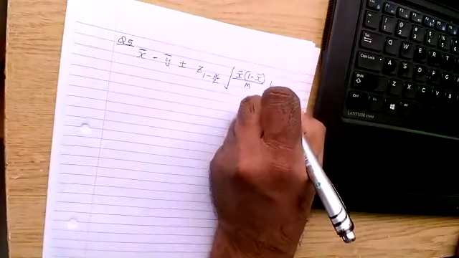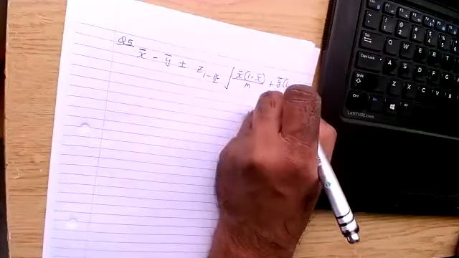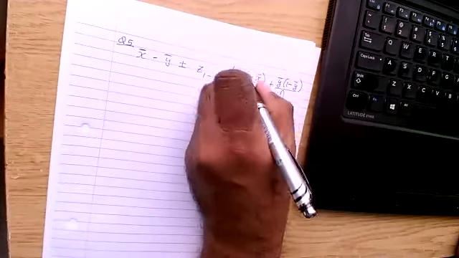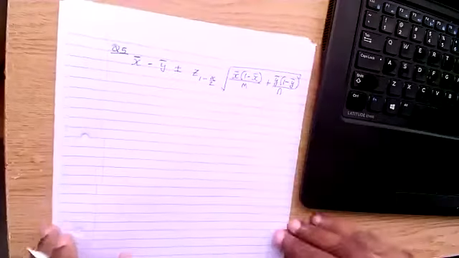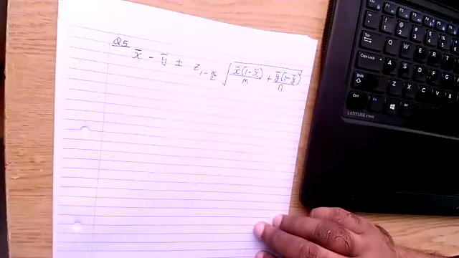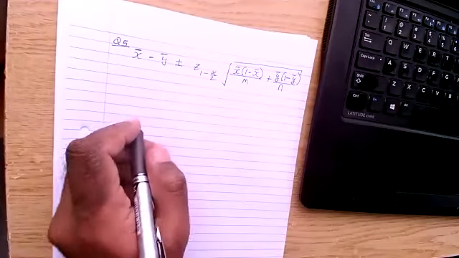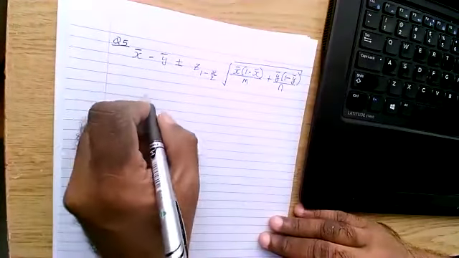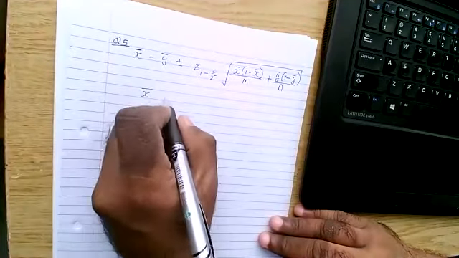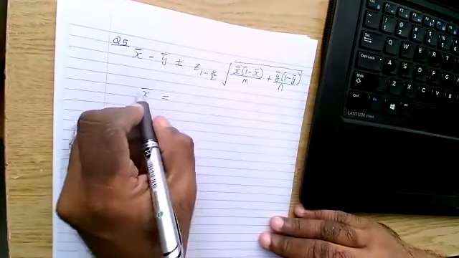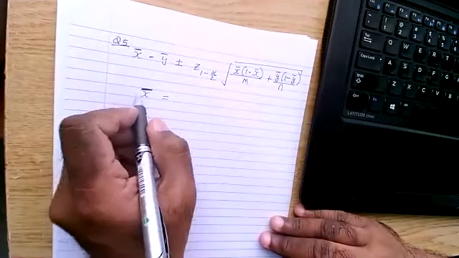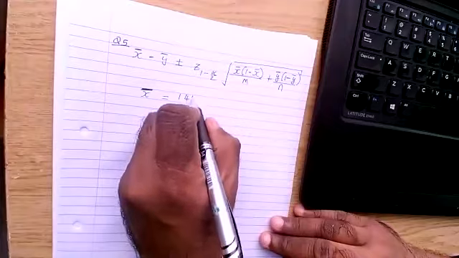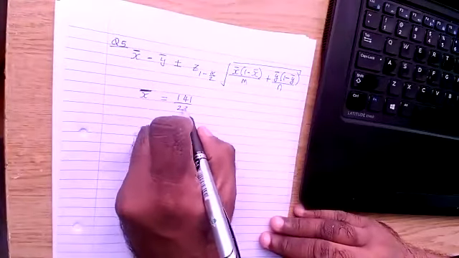So this is the formula I'm going to use, guys, to answer question number 5. Right. So first of all, we need to write down everything that is given to us. Now, X bar is the sample proportion for the first population. So it's the proportion of people who voted in California, which is 141 out of 288.